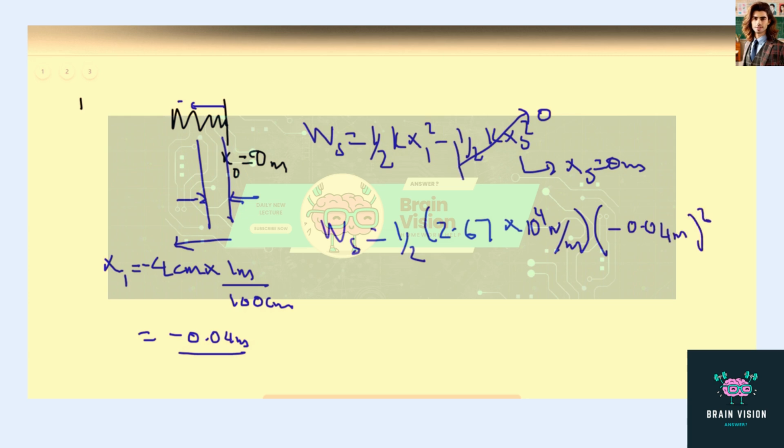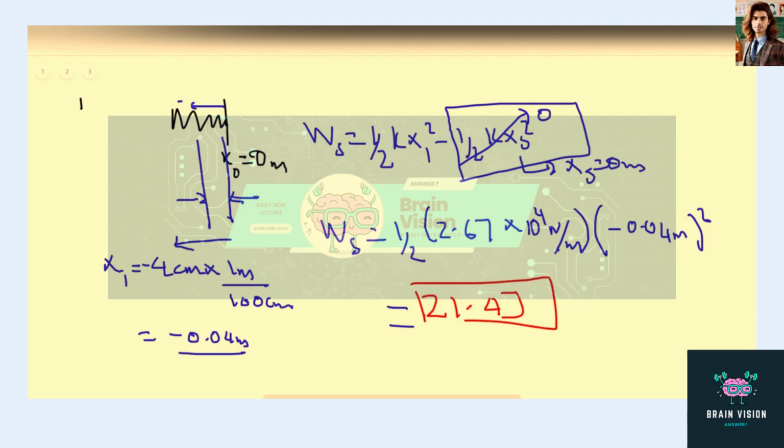We don't have to include the initial energy in the spring, which happens to be 0 because the spring hasn't been compressed. You plug in those numbers and you get 21.4 joules. That's what you get in terms of energy.